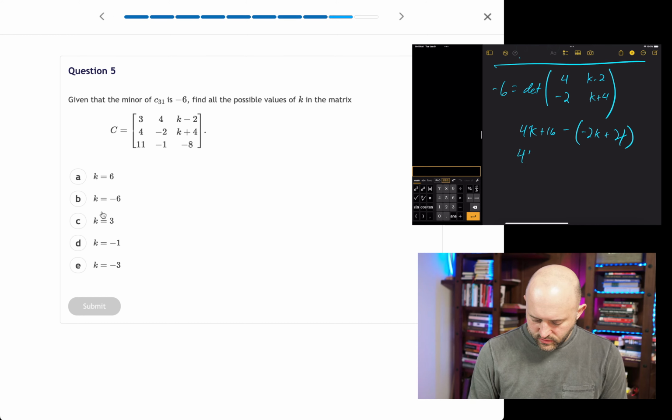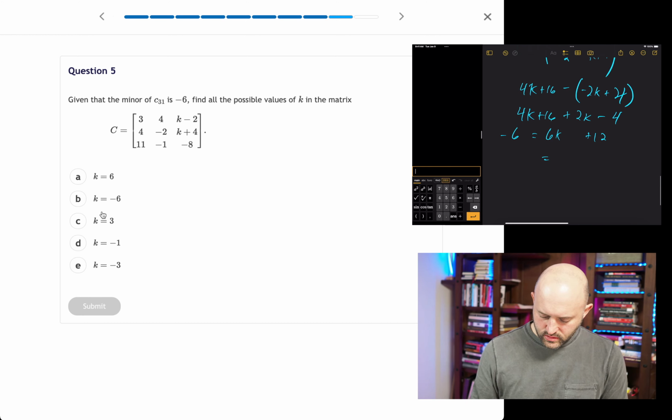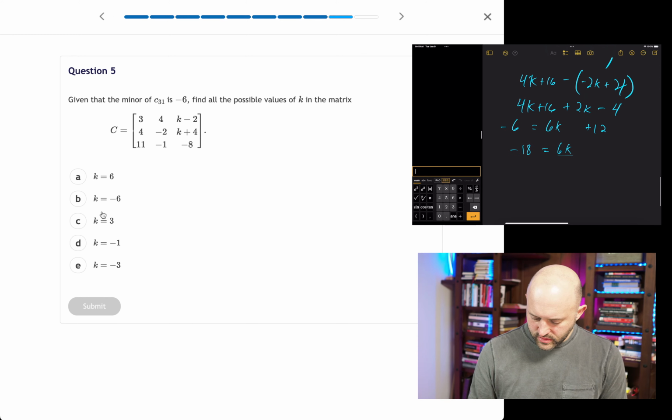So that would be 4k plus 16 plus 2k minus 4. So that would be 12 plus 6k. 12 plus 6k equals negative 6. From above, so subtract 12, we get negative 18 is 6k. Do we have any squares or anything like that? No. K is simply negative 3.